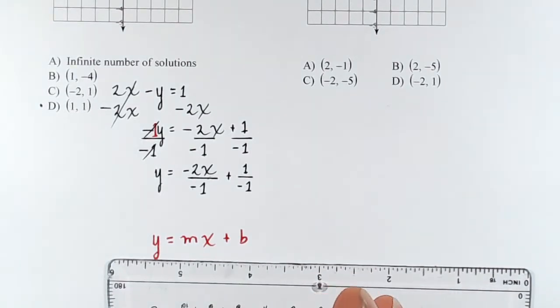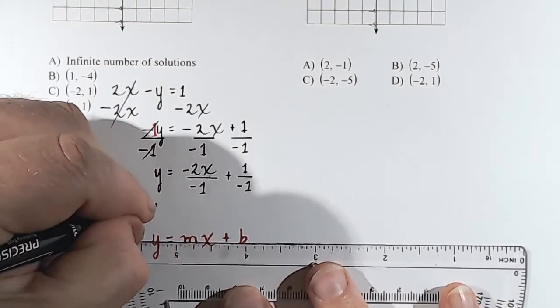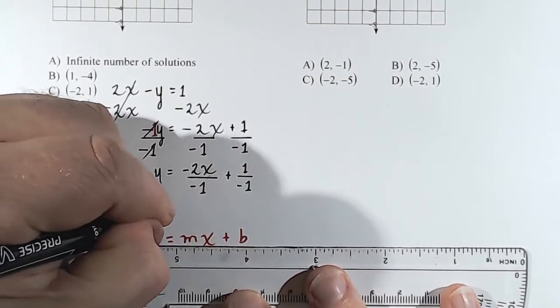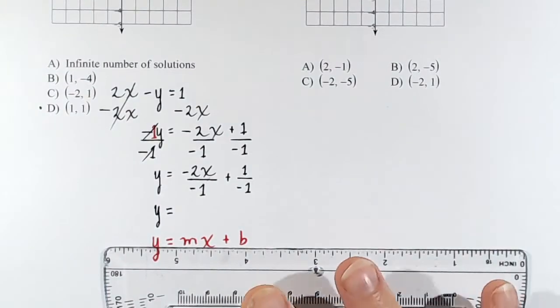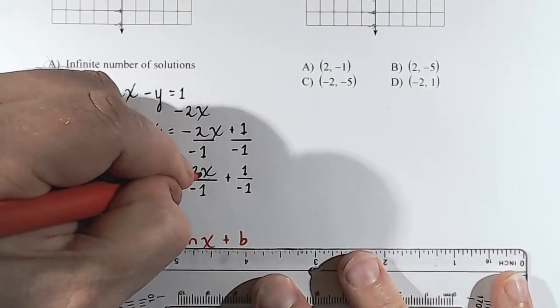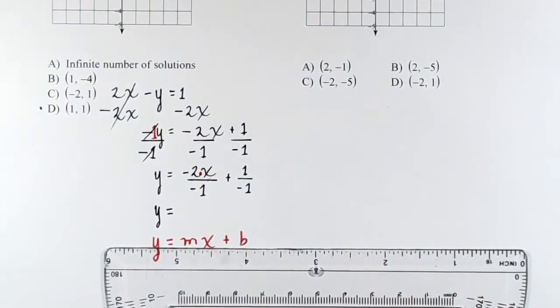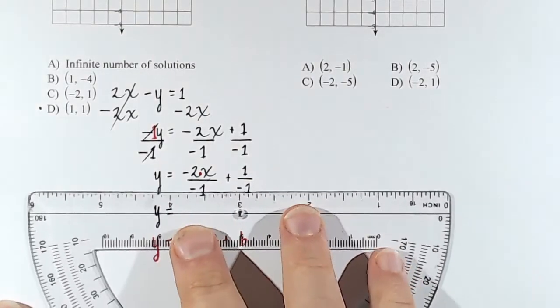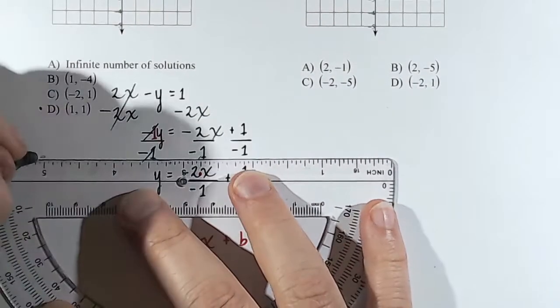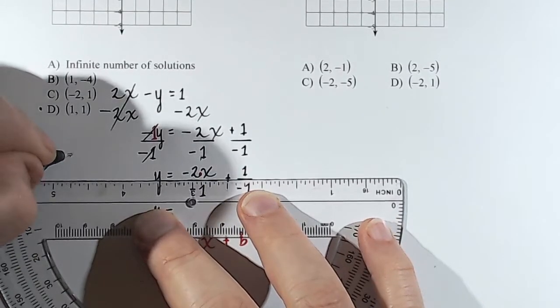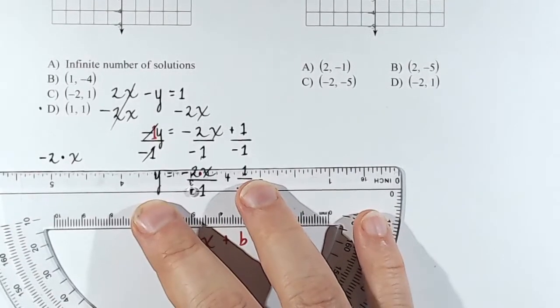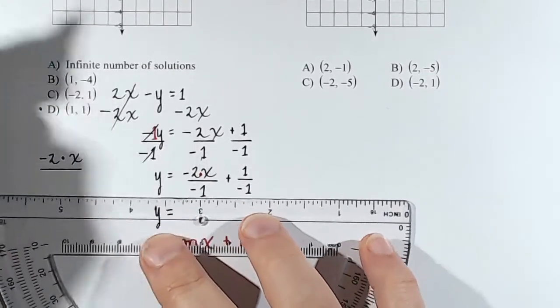All right, this seems to be a key sticking point for students. So let's set y equals and just examine what we're about to do. Up here on the top, I have -2 times x. Okay? So I have a fraction here, -2 times x over 1, or over -1.